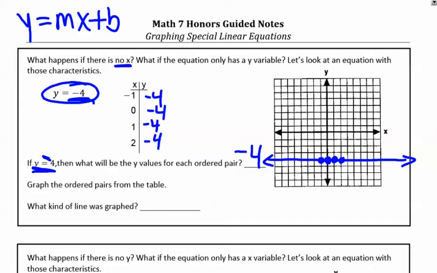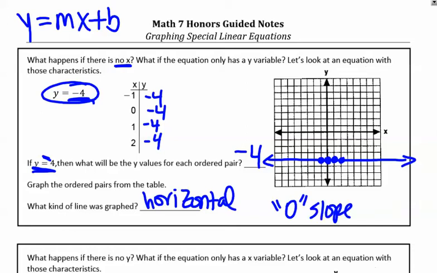All right, this is a horizontal line, where we have a slope of 0. It is a flat line. There is 0 slope. There is 0 steepness. Okay? Let's look at the next one.